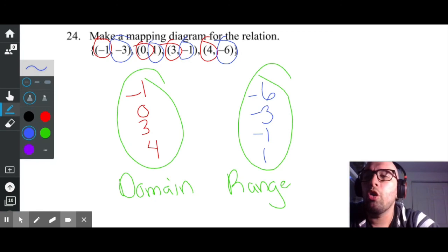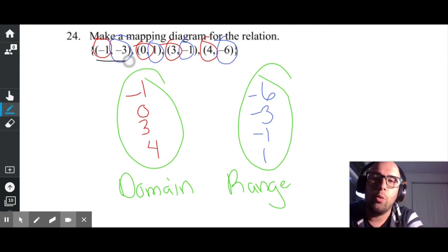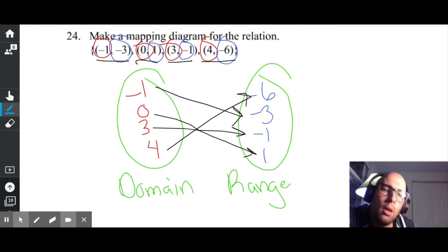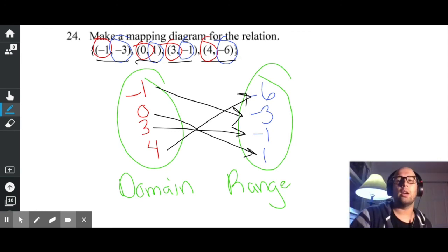And I'm going to draw arrows. -1 goes to -3. 0 goes to 1. 3 goes to -1. 4 goes to -6. And that, boys and girls, is a mapping diagram. Is it a function? Yes.